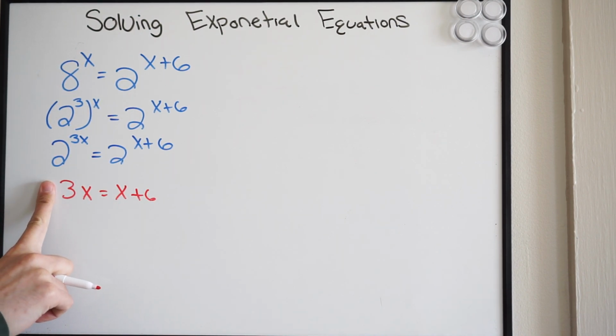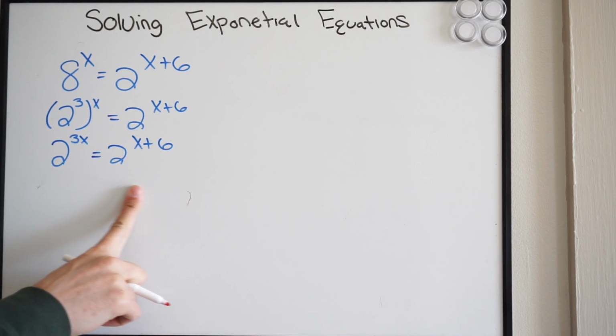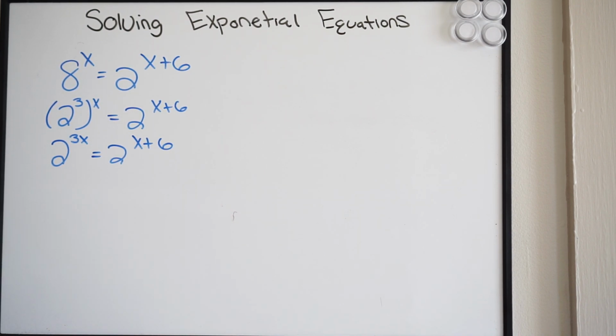However, why does that happen? Why do the bases cancel out when they're the same? Well, this goes back to the inverse property of logs. For example, if I were to take log base 2 on both sides of this equation, because what I do to one side of the equation, I also have to do to the other.